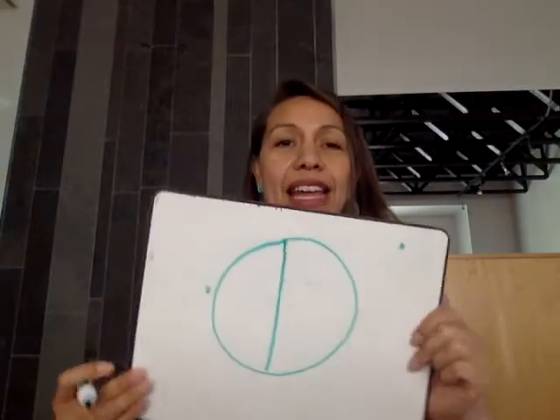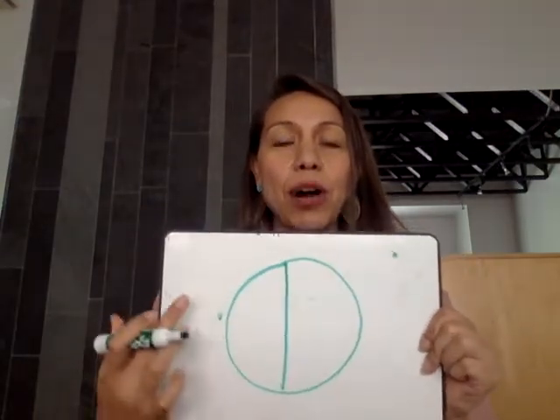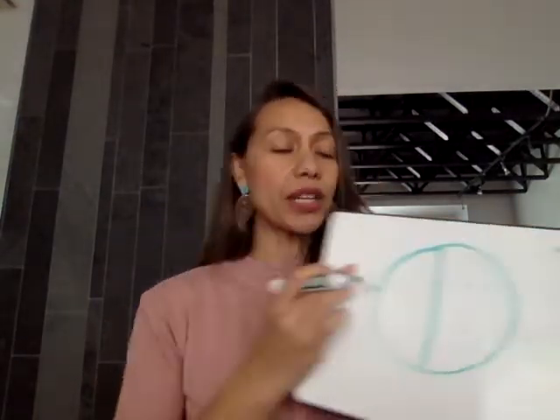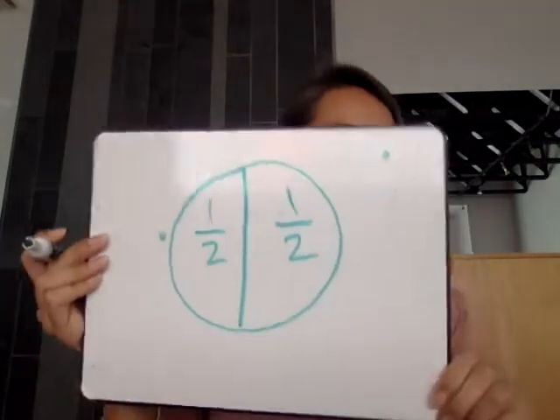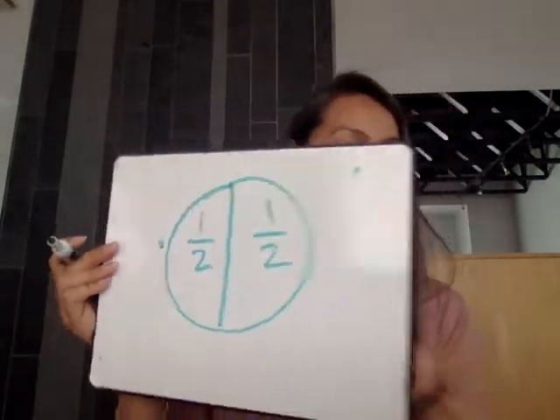So, here's my pizza, and I cut it into two equal parts. What would each part be called? I'm going to write it, and you're going to tell me. What did you say? Each equal part is called a half.